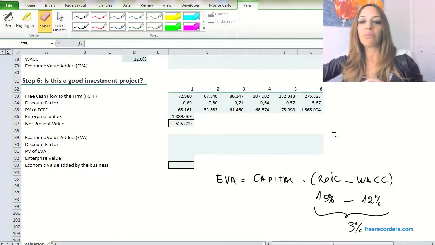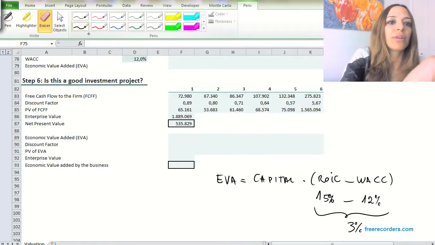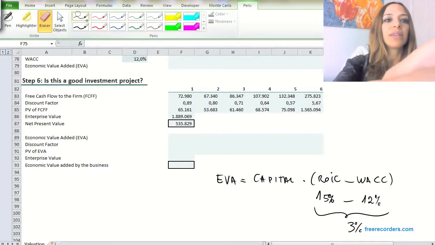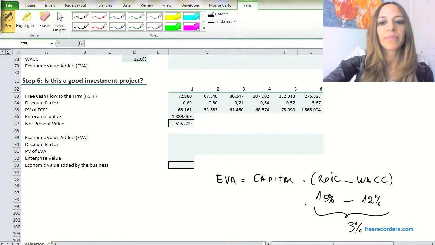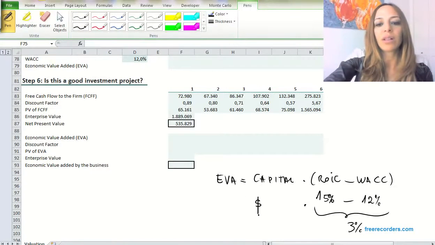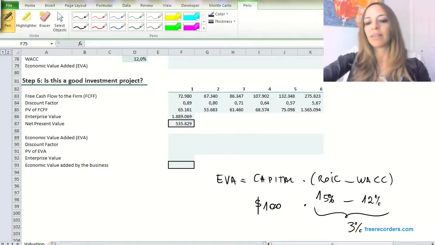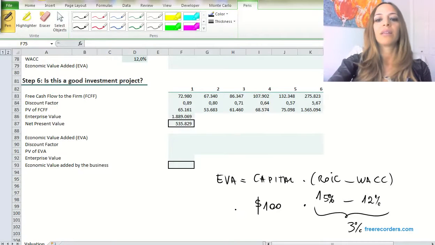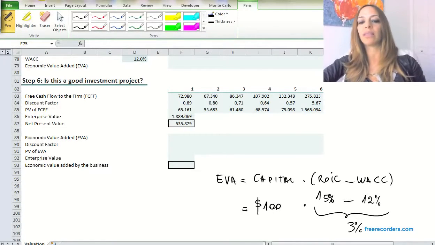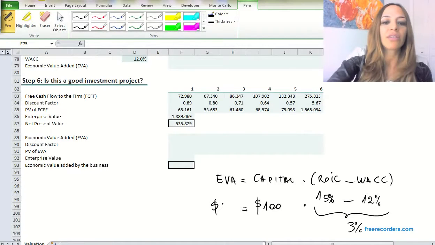You can grow maintaining such return. Therefore, the EVA will increase. In this case, how much will EVA be? If this is a small company, for example, a $100 company, you start the company with $100 and then you end up with 103. Value creation is $3.